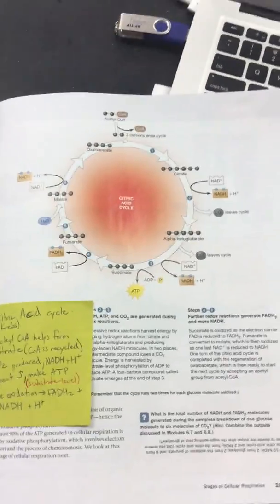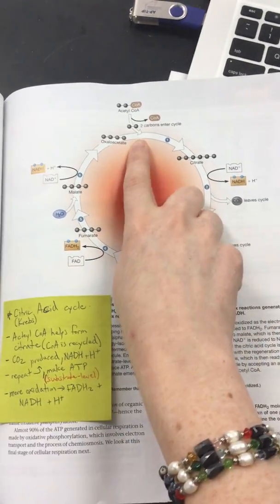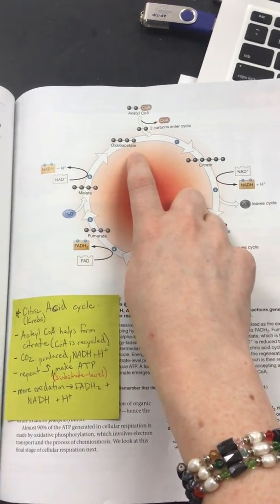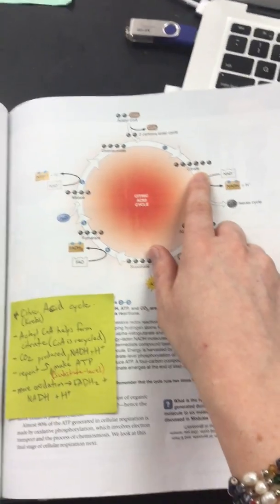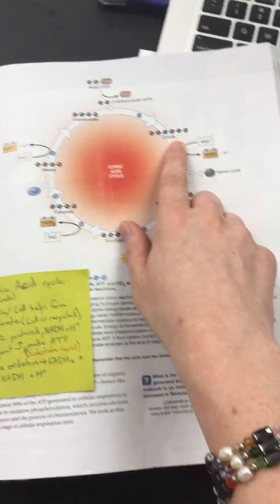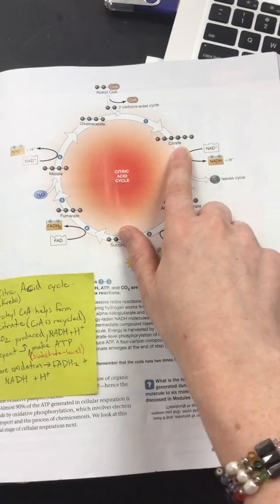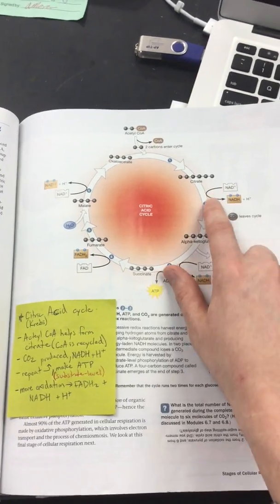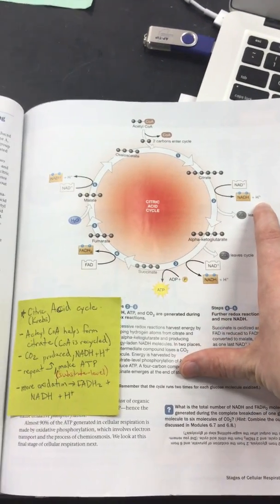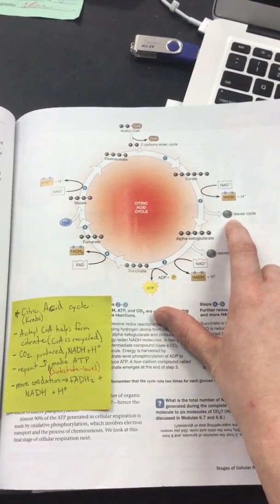Okay, and I'm going to switch to this side just so you can see the notes I wrote too. So the 2 carbons are joined with this 4-carbon molecule, so we have 6 carbons. That's called citrate. So that's why it's called the citric acid cycle, because citrate in water makes citric acid. Okay, so we have the citric acid. It's oxidized, so you have NADH formed again, and CO2 is pulled off.